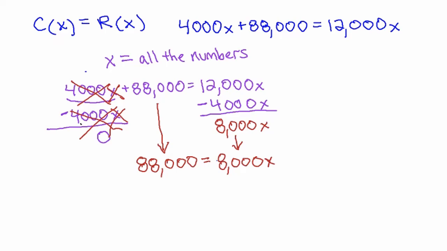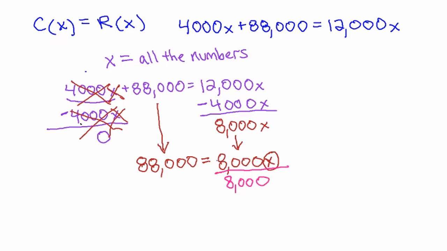So now we only have one x, and it's on one side of the equal sign. So now we need to isolate this x, and we need to have the x all by itself on one side of the equal sign. So in order to do that, we're going to divide this 8,000x by 8,000.